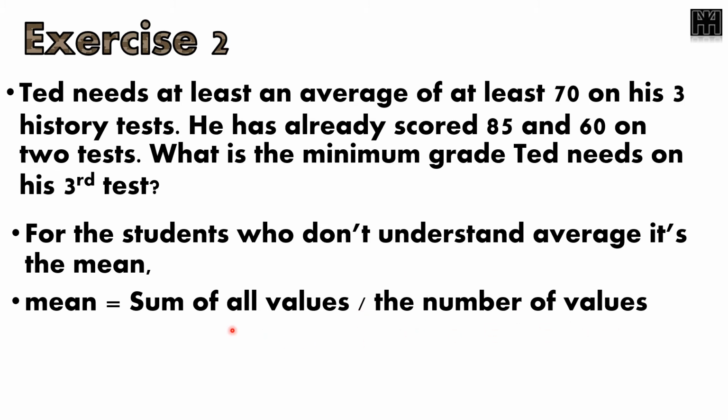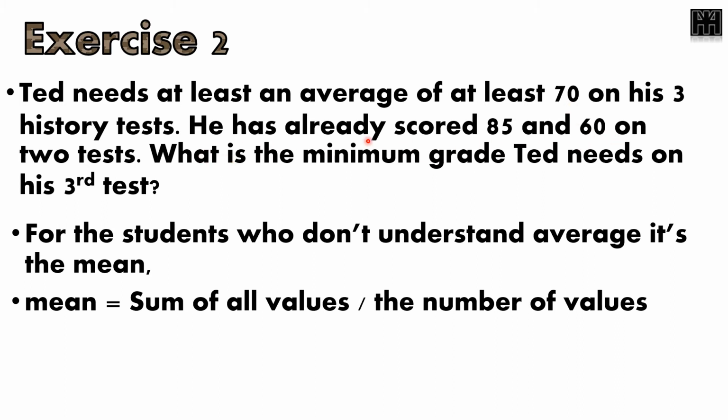Let's say we have 4 values, 1, 2, 3, and 4. We take their sum, 1 plus 2 plus 3 plus 4, over their number, 4. Okay? Easy? Okay, let's break this question down. He needs at least 70, so the average must be bigger than or equal to 70.